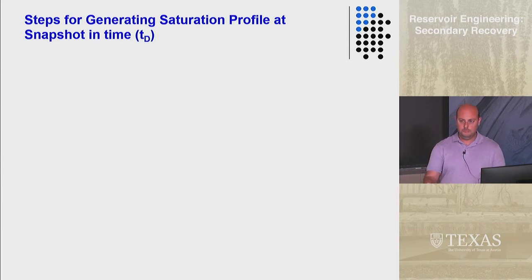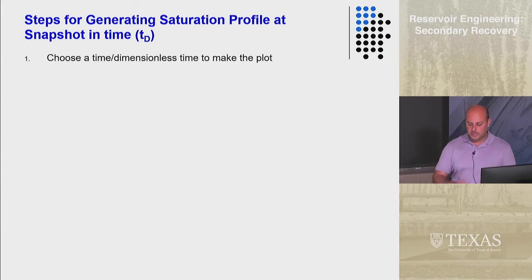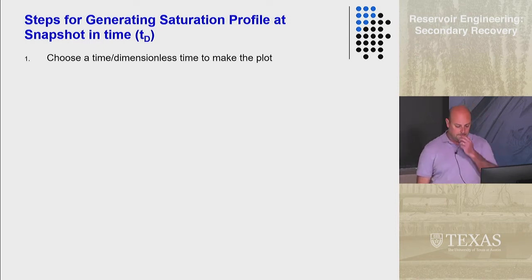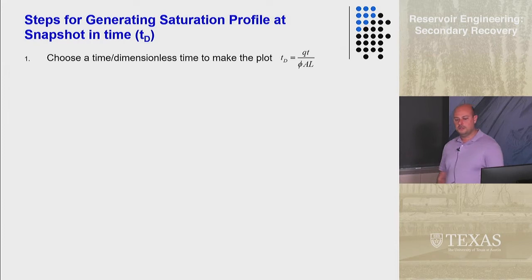So to summarize, the steps for generating the saturation profile at a given time TD: first off, you've got to choose a time to make the plot. So maybe I give that to you on a test, or maybe you choose something you would want to do. So you choose that TD, and remember that TD is the dimensionless pore volume.